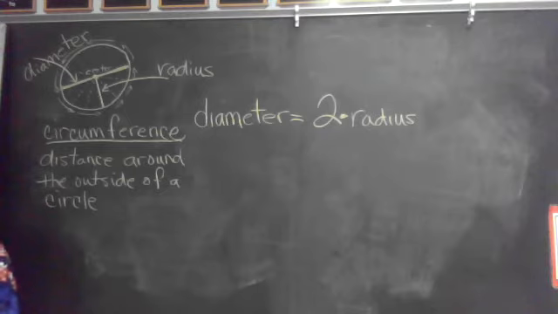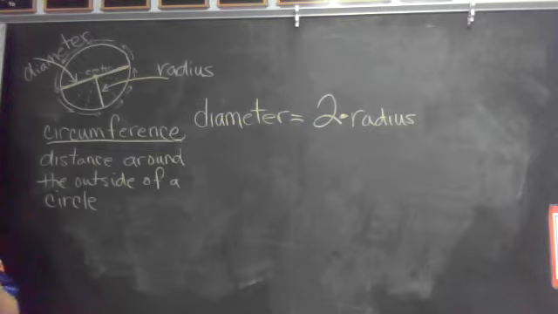Okay, now we're going to use some formulas to find both the circumference and the area of a circle. But first, I want to talk to you about one of the special numbers in mathematics.